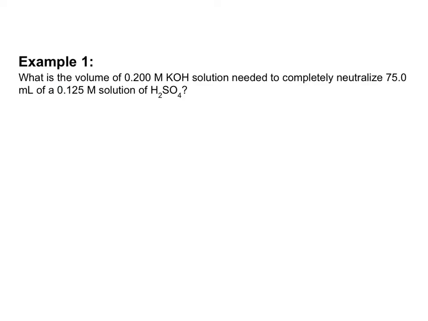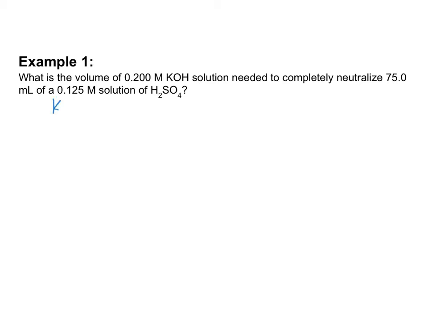Now, some example problems that we should probably try to work through here. In this case, we're asked to calculate the volume of 0.2 molar potassium hydroxide needed to completely neutralize 75 mL of 0.125 molar H2SO4. So in this problem here, I'm going to write the reaction first.